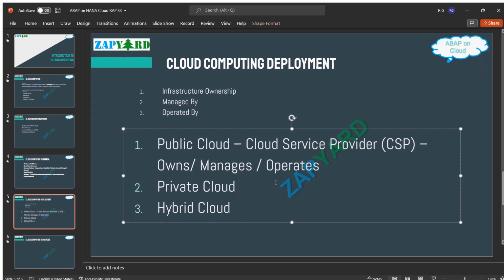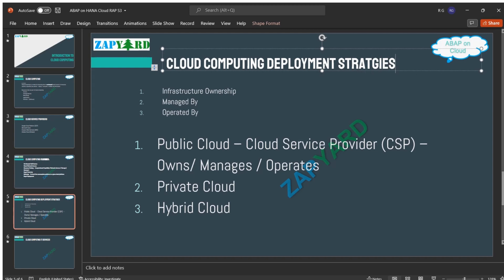The next categorization is private cloud. So what do we mean by the private cloud? Let me rename the slide as cloud deployment strategies. So how do we define the private cloud?